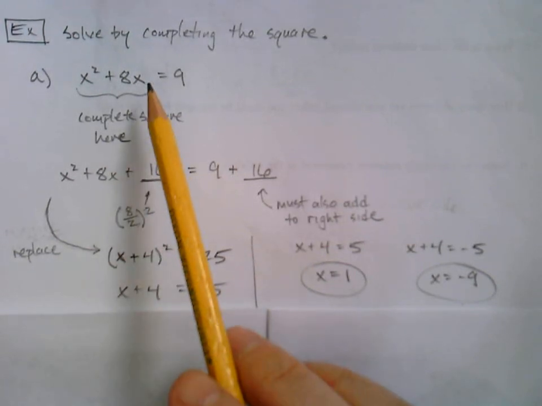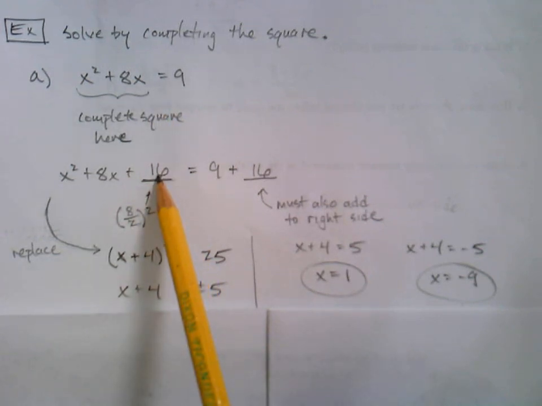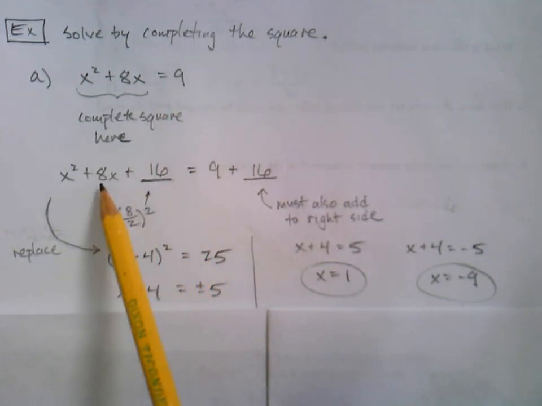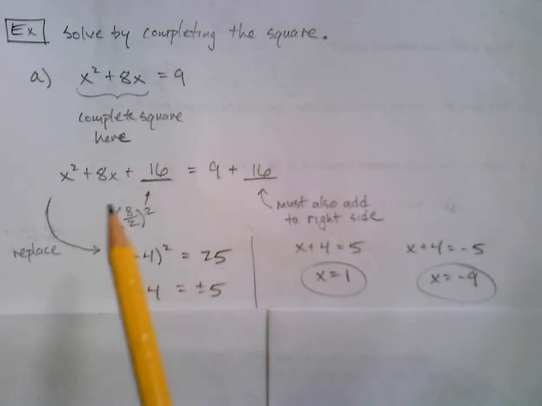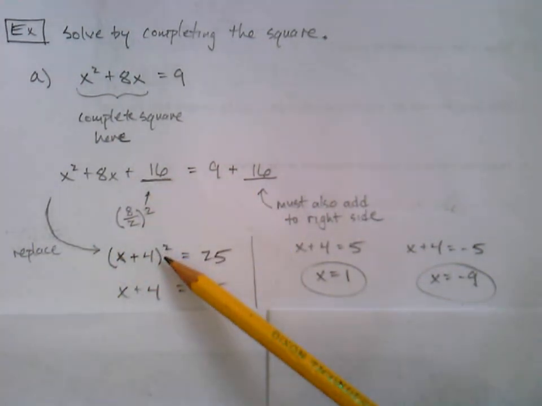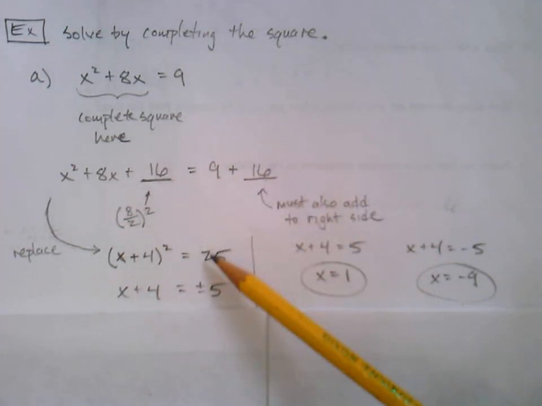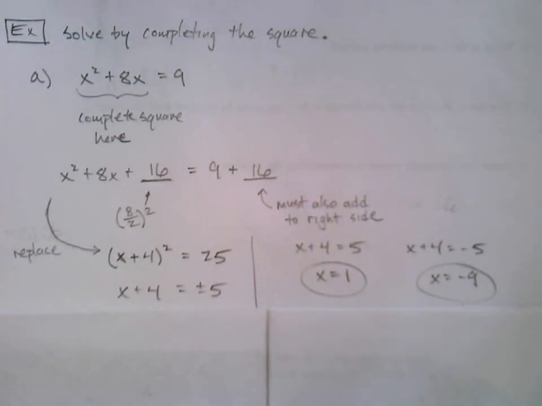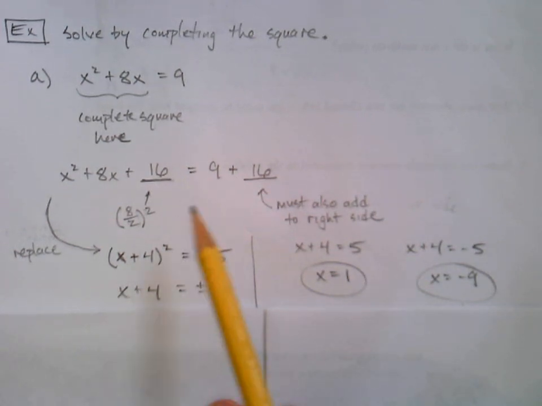We've got to recognize what number we need to add here. It's half of that number squared, right? Then we got to make sure we do it to the other side. Then we've got to rewrite this correctly and simplify there, and then we can go for it. A lot happening. And I'll tell you, there's a lot going on in this problem, and this is as easy as they get. This is about as straightforward and as simple as completing the square as there is.